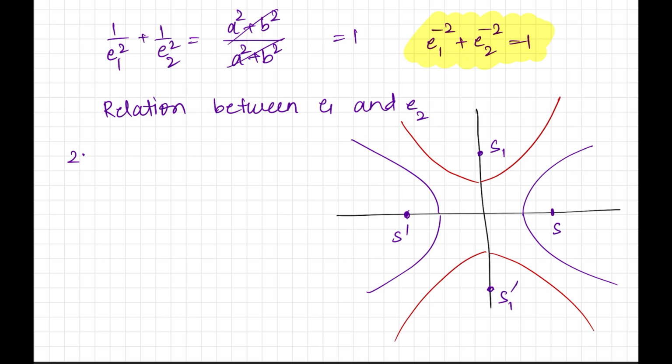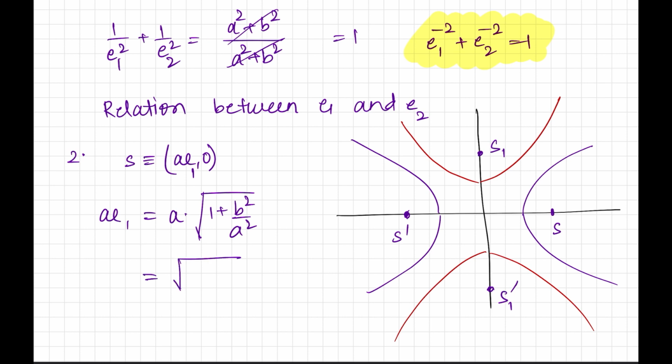Now the coordinates of S are given by (AE, 0). In this case, since the eccentricity is taken as E1, let us put E1 there. So AE1 becomes equal to A into under root of 1 plus B squared by A squared, and that, my dear students, is equal to under root of A square plus B square.